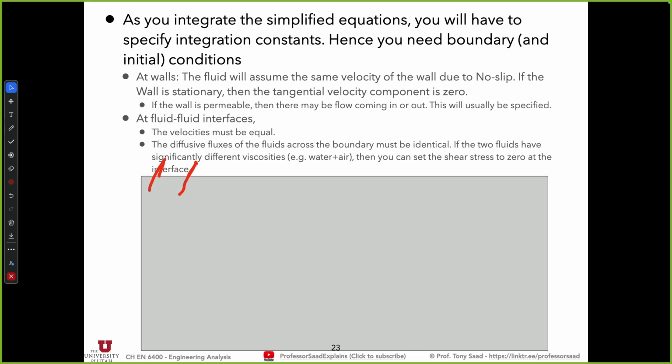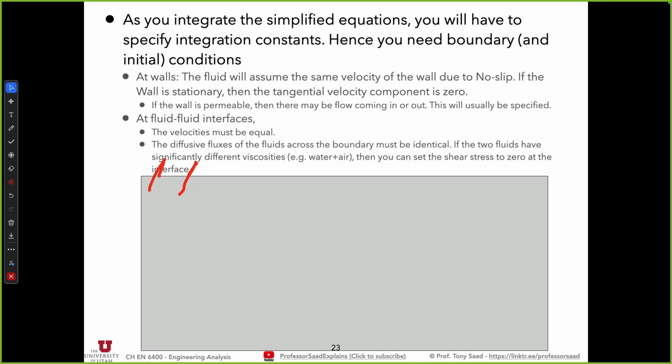So the diffusive flux of fluid 1 must be equal to the diffusive flux of fluid 2 at that boundary. Why is that important? Because that relates the two viscosities of the two fluids. Remember, the diffusive flux comes from the stress tensor, it's mu times du_i/dx_j plus du_j/dx_i. So those need to be equal at the boundary, okay?